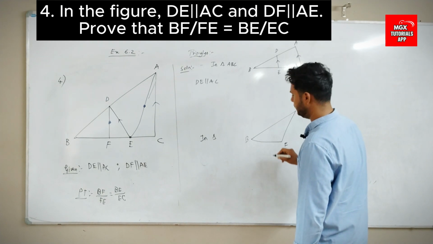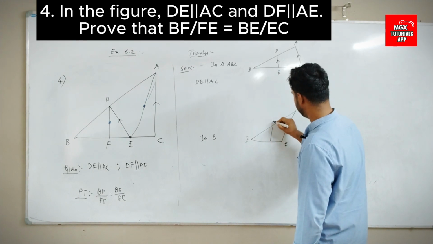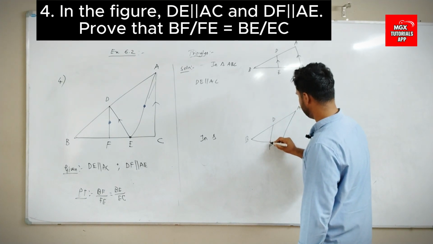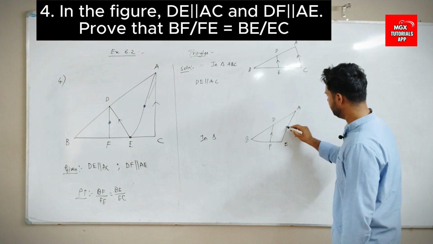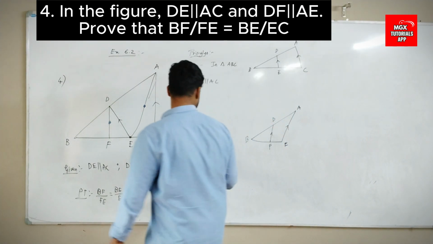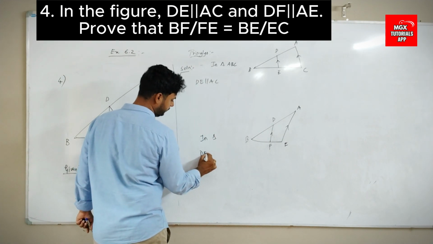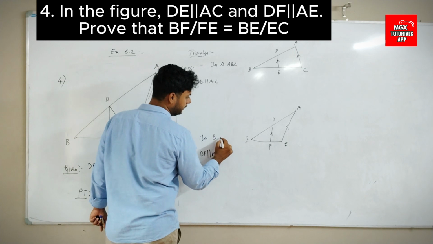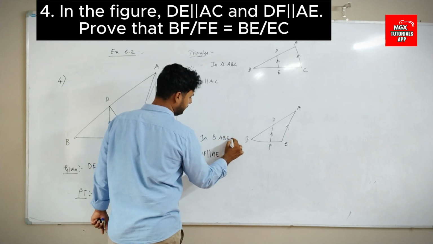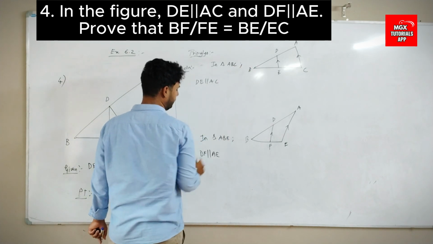DF. Where DF is parallel to AE. This is in triangle ABE. Perfect.